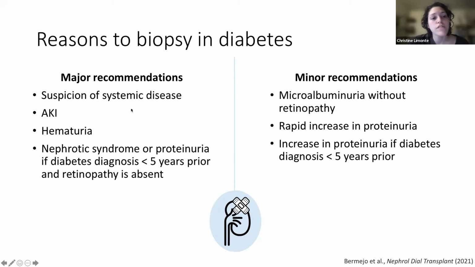And these are suspicion of systemic disease, such as cancer, AKI, hematuria, especially dysmorphic cells, nephrotic syndrome or proteinuria with a diabetes diagnosis less than 5 years ago, and the absence of retinopathy. And for minor recommendations, microalbuminuria without retinopathy, a rapid increase in proteinuria, or an increase in proteinuria with a diabetes diagnosis less than 5 years prior.